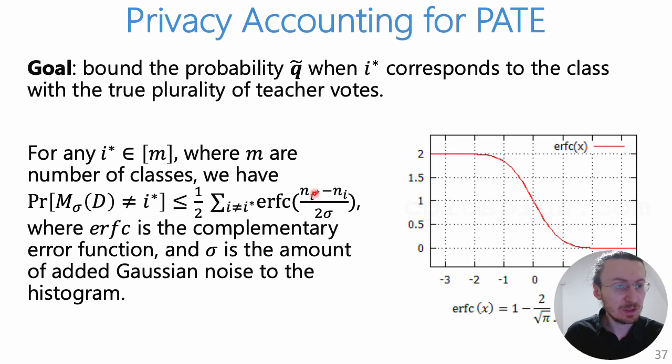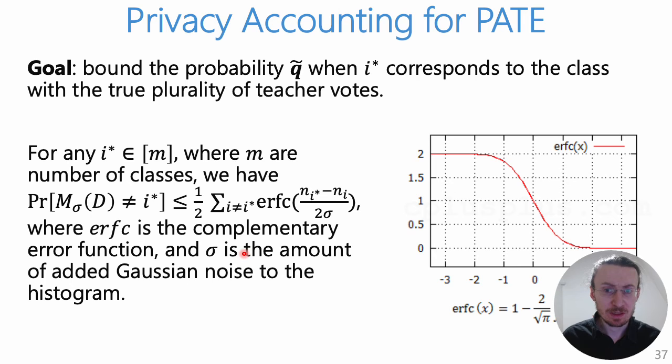But in principle, if the number of votes for one of the classes, in this case i star, is much higher than for all other classes, then this bound is very tight. This is a very, very small value that an incorrect class is returned. And then for such cases, the privacy leakage is very low. And this probability actually is taken into the privacy accounting.